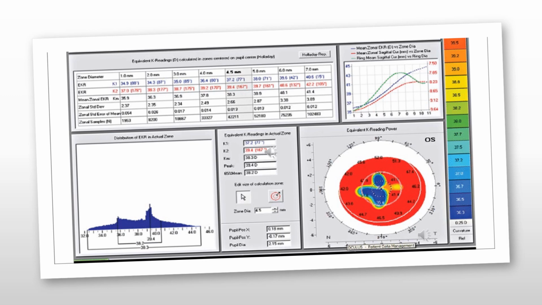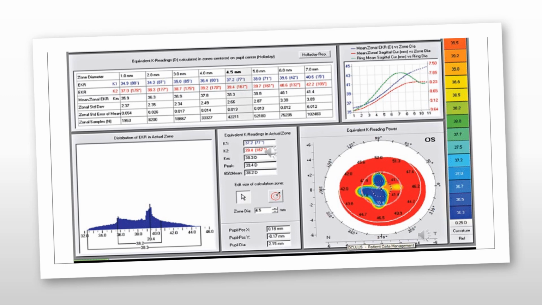So that's an indication of an irregular cornea. And you can see on the bottom right picture, quite a little irregularity is there. And in the middle, on the bottom part, you get the K1 and K2 values from the 4.5 millimeters. That's the average values.